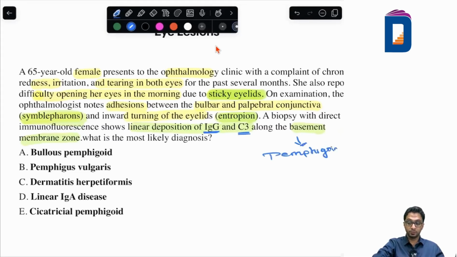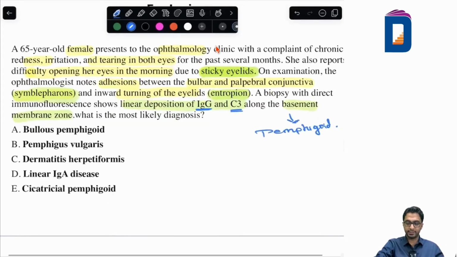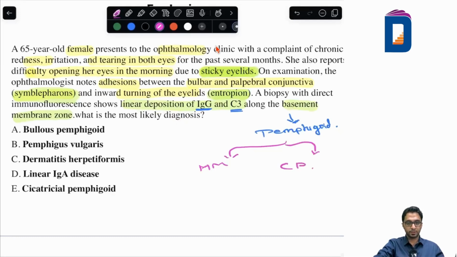Please note, look, I'm teaching you how to identify this. Pemphigoid. And second thing is, pemphigoid can be mucous membrane pemphigoid, can be cicatricial pemphigoid, or I would say bullous pemphigoid, which is there in this option.